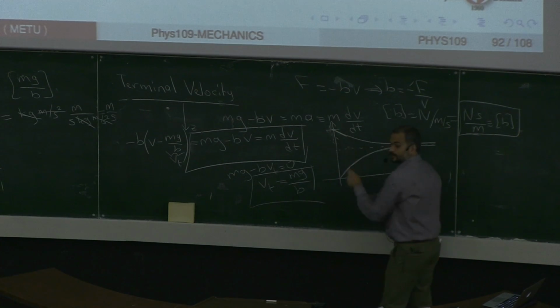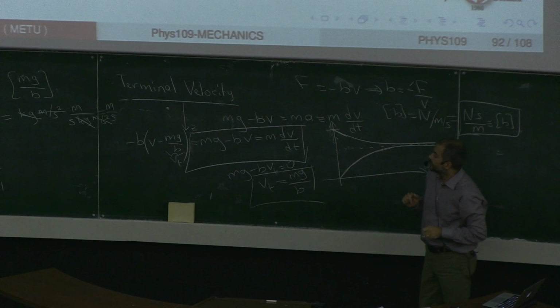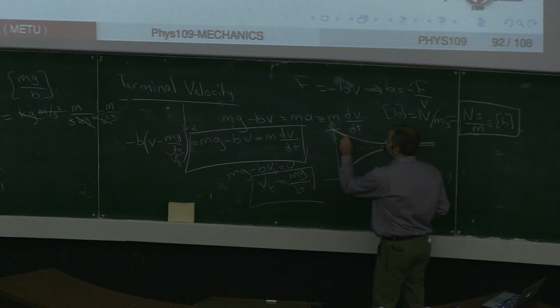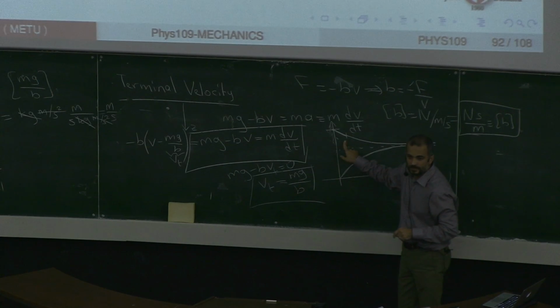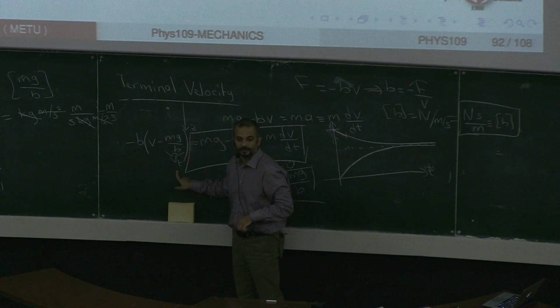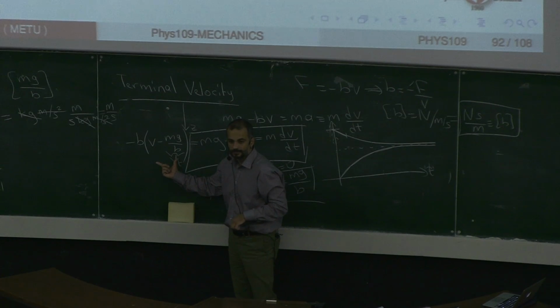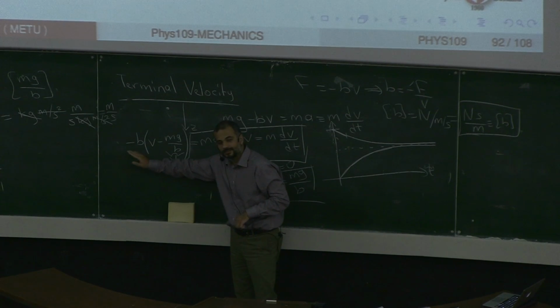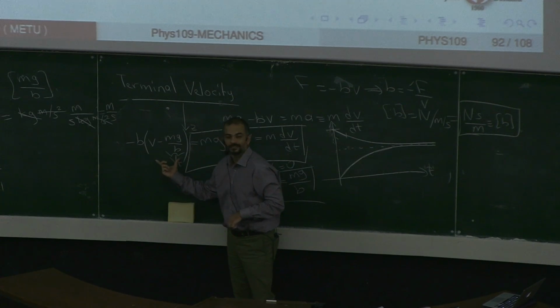At the next moment that I measure its acceleration, I will be here. It has some speed, and now its speed is closer to the terminal velocity. So this number is smaller. It is still negative. It is still decelerating, but the acceleration is smaller now.